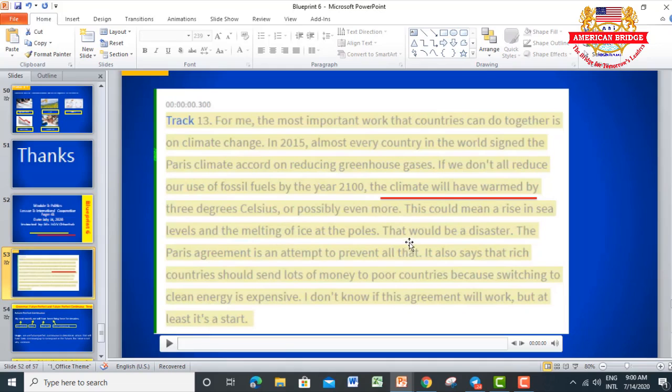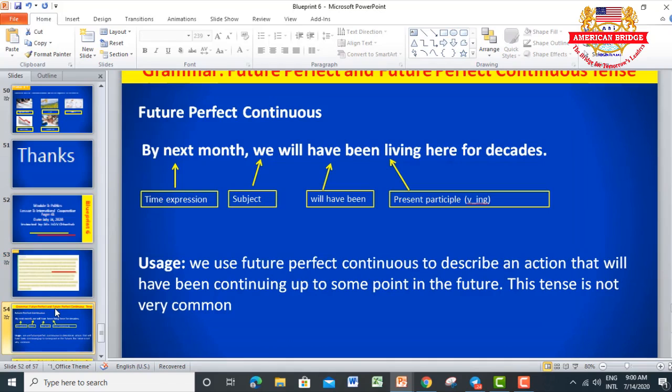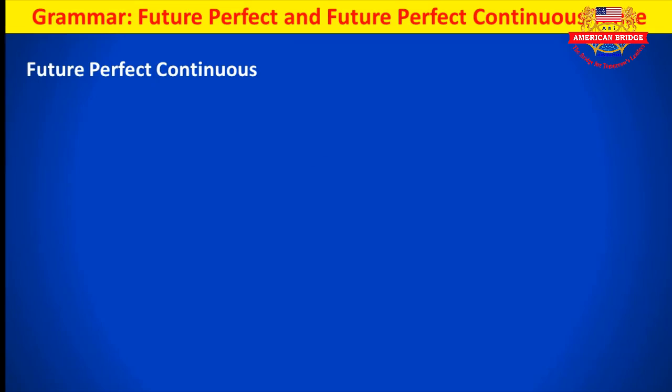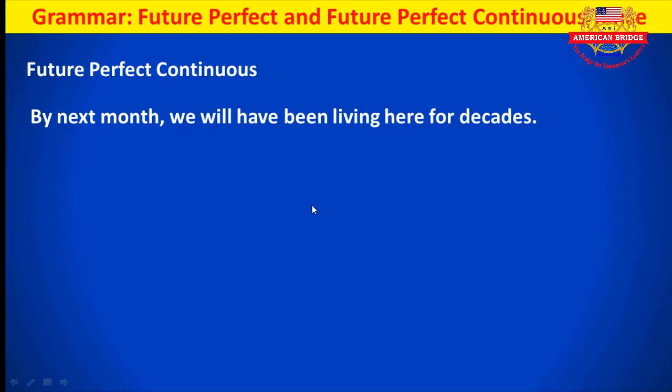And you can see the example here, on our slide. So by next month, we will have been living here for decades. This is the future perfect continuous tense, meaning, by next month they talk about a specific time, that they have been living here so far, and they predict that until next month they will have been living here for decades.